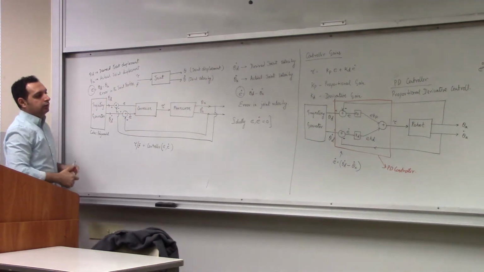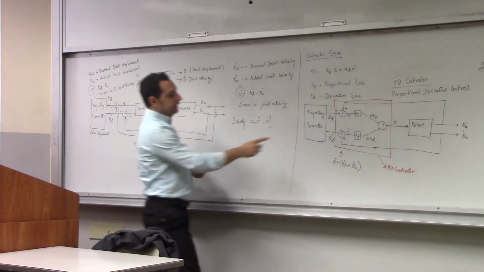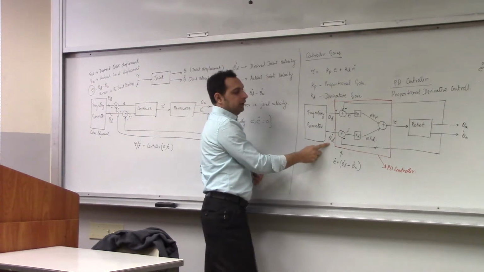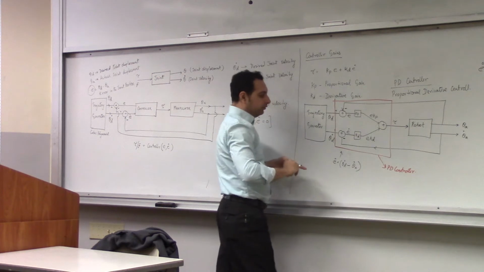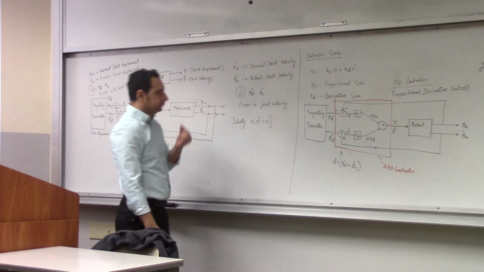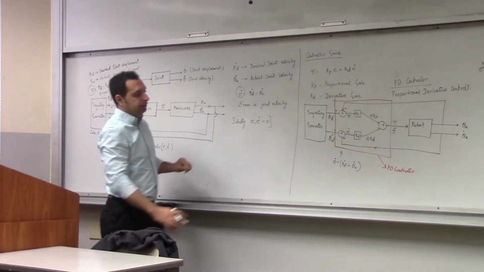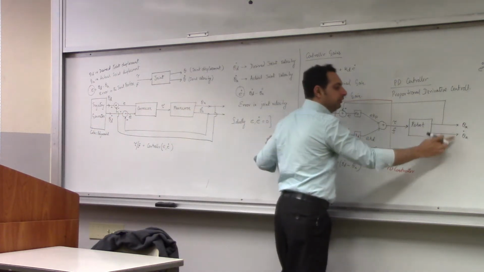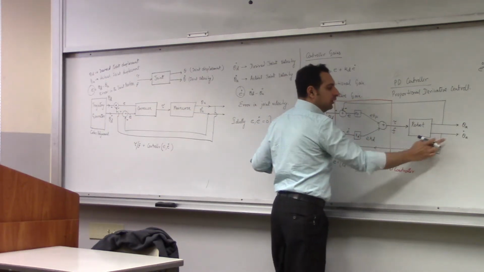All right. So this will take in theta D dot, and it will give you a torque or a force, which you then apply to the manipulator, and the manipulator will generate a displacement based on the torque.